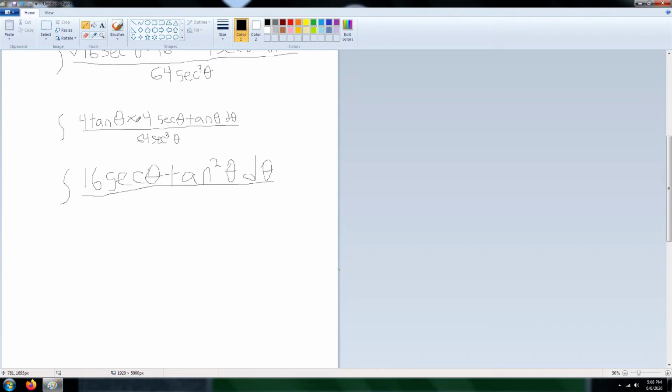And of course, this is going to be all over 64 secant cubed theta.